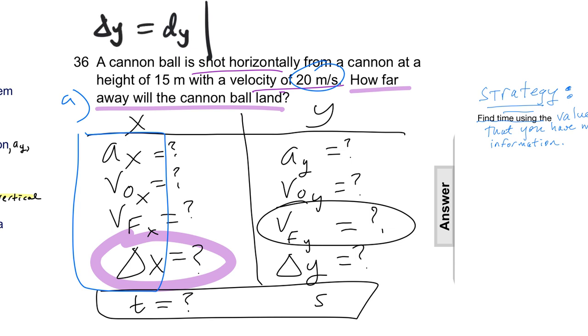No, let's call it delta y, because that means vertical displacement. Okay, here's the cannonball. That's 15 meters high.